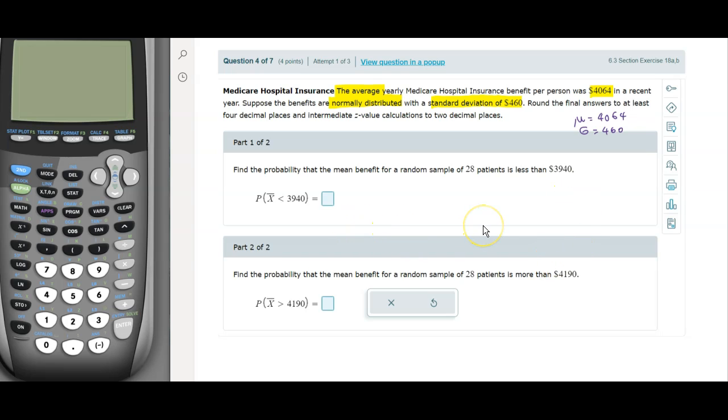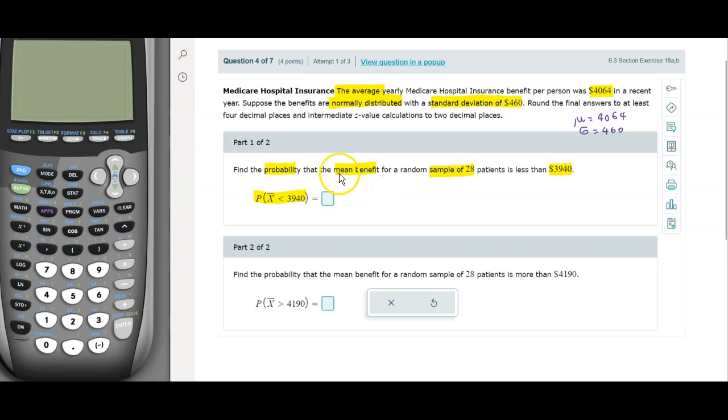Now we're going to try to figure out the first question here. We're going to find the probability that the mean benefits of a random sample, they use the word sample here, of 28 patients is less than 3,940, which is interpreted this way.